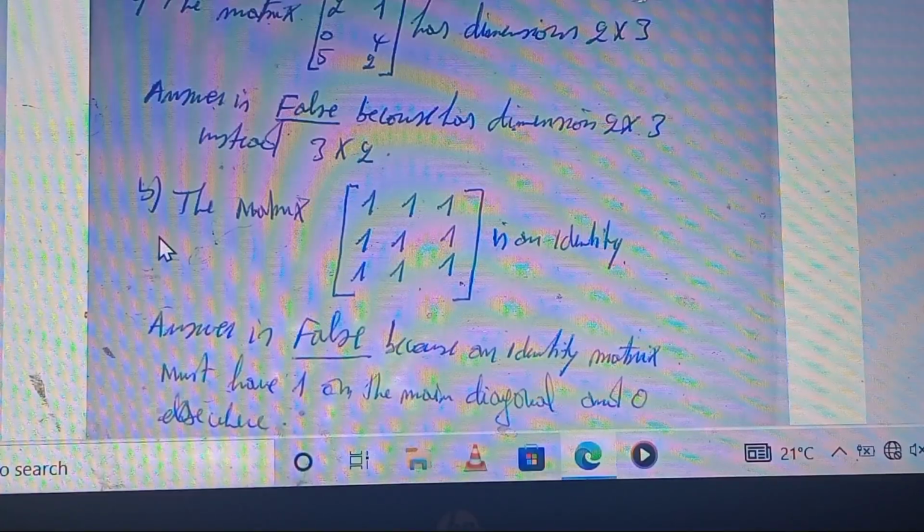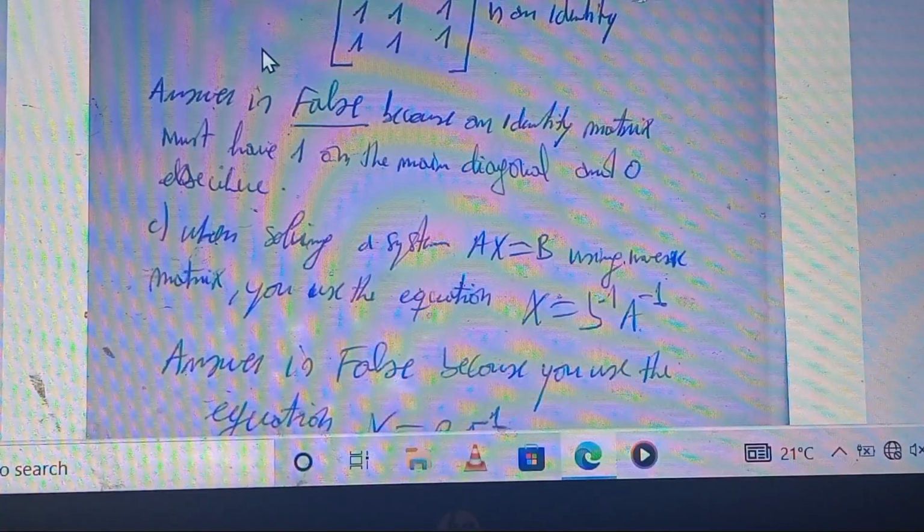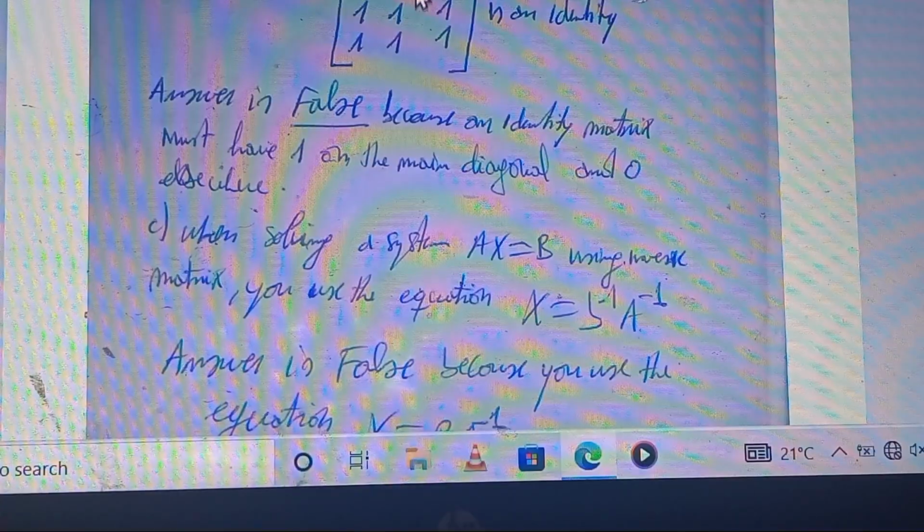Question B. The matrix here, a 3 by 3, is an identity matrix. Also here it is false because that matrix is not an identity matrix. For an identity matrix you must have 1 on the main diagonal, that line is what you call the diagonal, and everything else must be 0. Here we must put 0, 0, 0, 0, 0, 0. That means it is false.